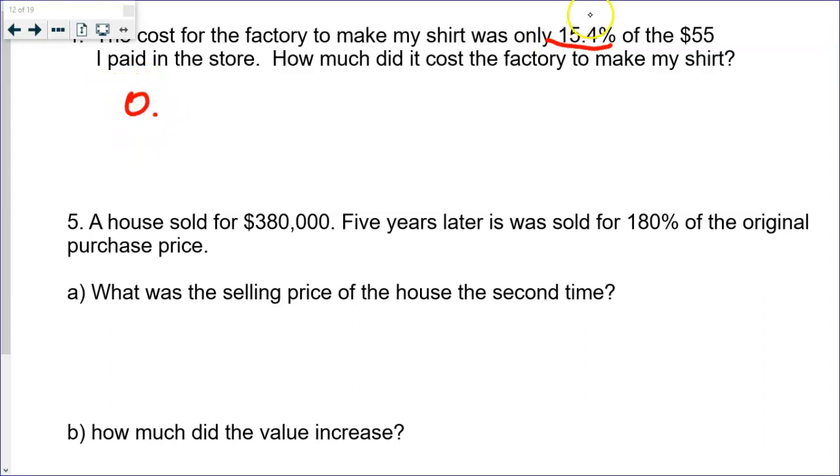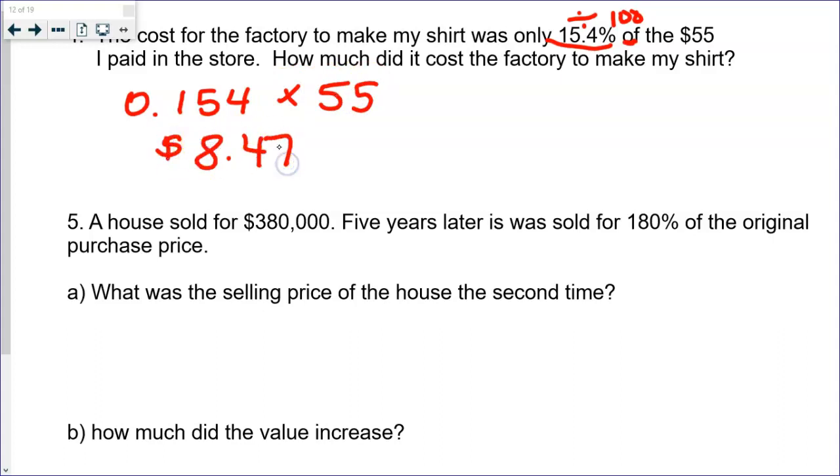So I'm going to divide by 100. All right, move the decimal place over 2 spots, so I get 0.154. I'm going to multiply, because of, by that original amount, which was $55. And my answer is going to be $8.47. So what they're saying is it costs the factory $8.47 to make the shirt.